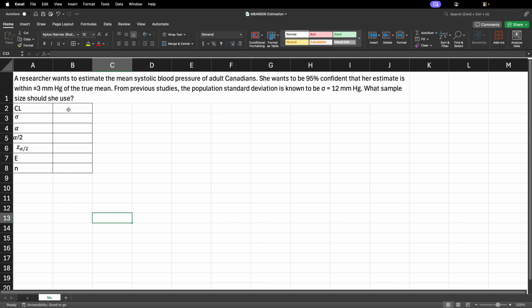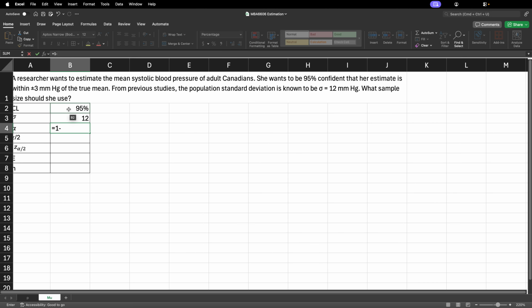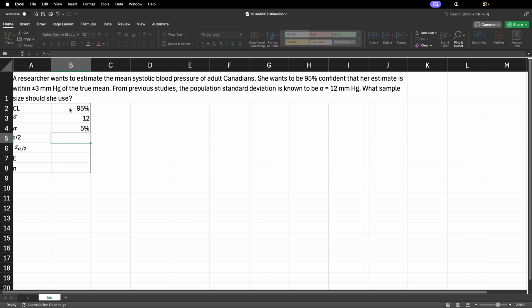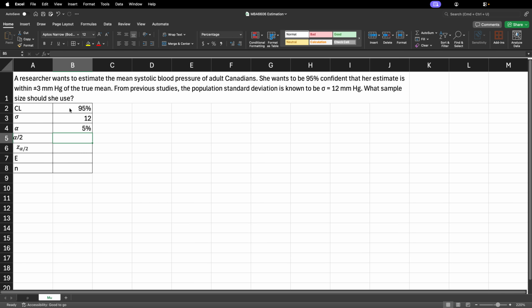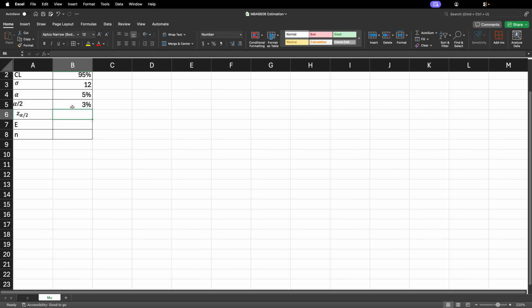The confidence level given here is 95% and the standard deviation of the population is 12. Since we know the confidence level, we can compute the significance level, which is alpha, and since we know alpha, we can find the area under either tail.